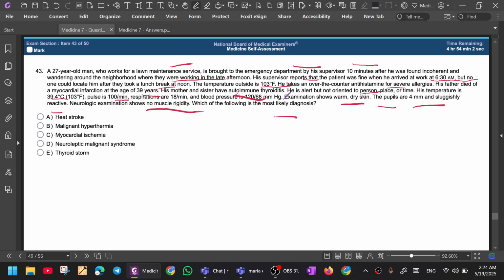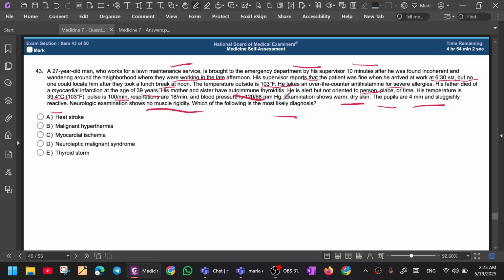Is it heat stroke? He's working in the late afternoon. Warm, dry skin, but no, antihistamine. Blood pressure is not high.